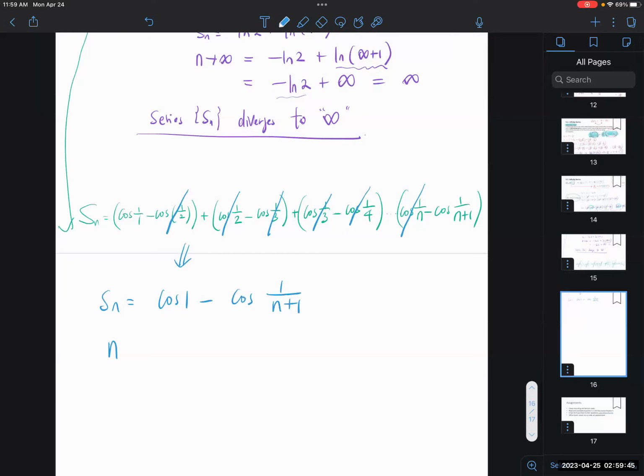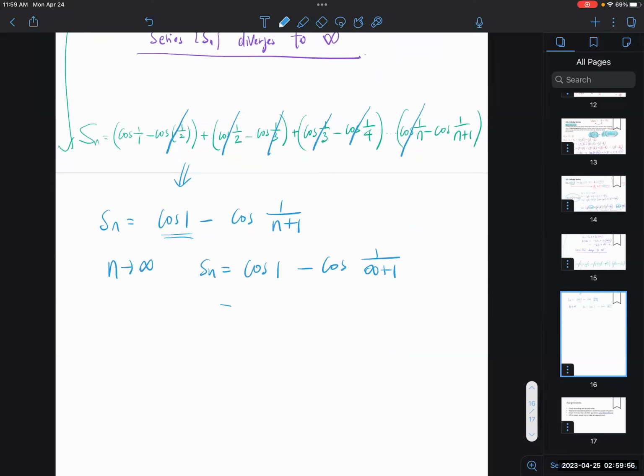So I want to know as n approaches infinity, what happens. Sn is going to be the same cosine 1 minus cosine of 1 over infinity plus 1. Cosine 1 is a constant, so we don't need to change anything. The bottom is infinity, so 1 over infinity is 0, cosine 0.